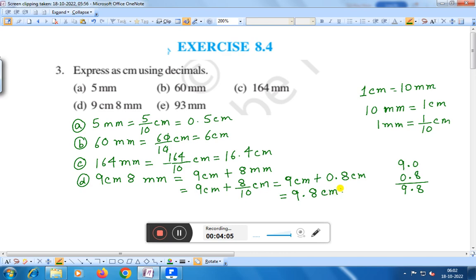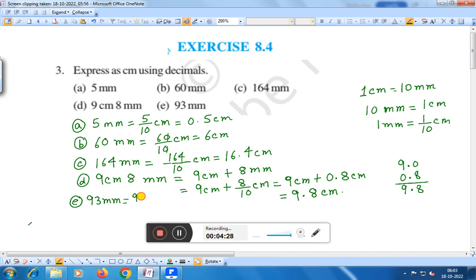Right? Next, we will solve question number E. Question number E is 93 millimeter. To convert into centimeter, divide this number by 10.